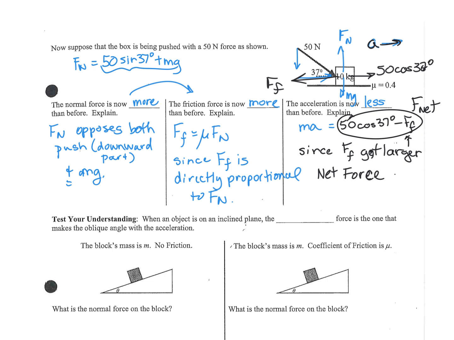The net force decreases. Therefore, since my acceleration is equal to F net divided by m, it goes down. Okay?